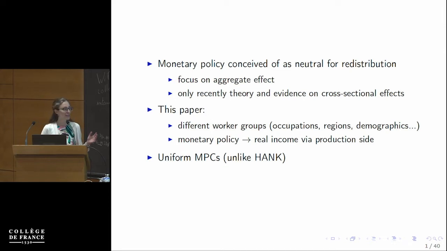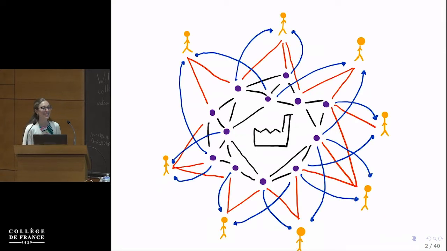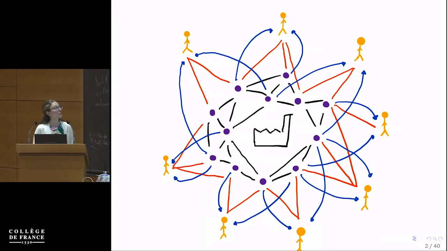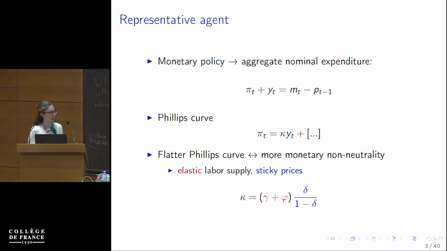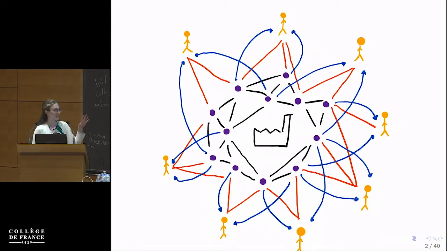Here is a pretty ugly picture that illustrates the kind of economy that I have in mind. You will know that the paper is ready to be published when I come up with a better picture. In the middle there is the production sector, and all the industries are the purple dots. On the outside you can see the different worker types, the yellow little men. They interact with the production side in two ways.